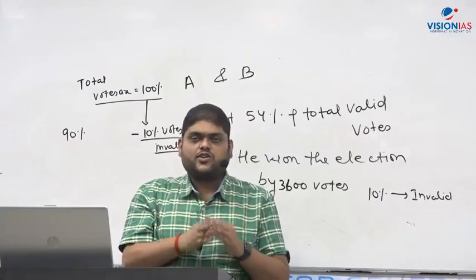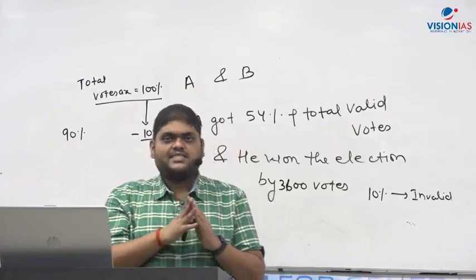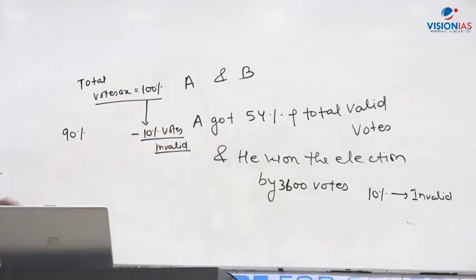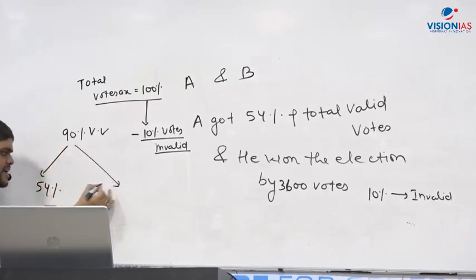When 10% of the votes are invalid, that means only 90% are valid votes. Out of this, A got 54%, and B got the rest, 46%.